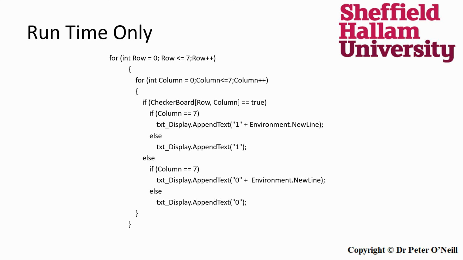And then we've got else: if column equals 7 again, then print 0 and a new line. Else, just print a 0. So it's quite simple. The if deals with the 1s, and the else deals with the 0s. If it's not true, it goes to else. If it is true, it goes to the 1s. And you can see that again in arrays number 3, available to you via Blackboard.